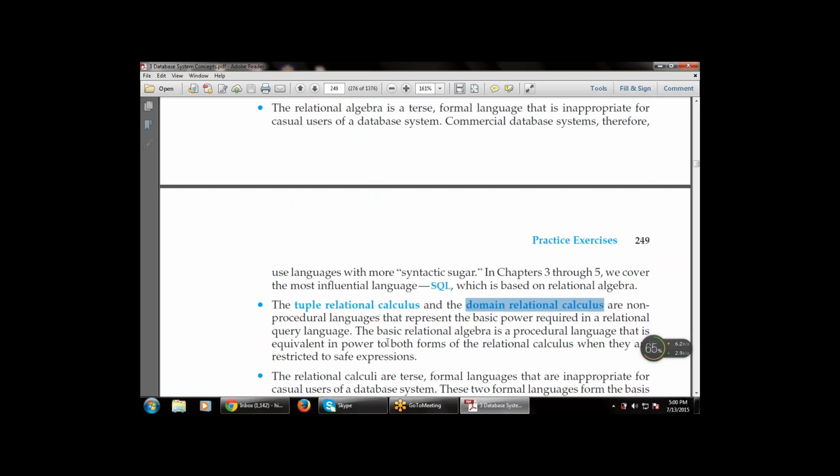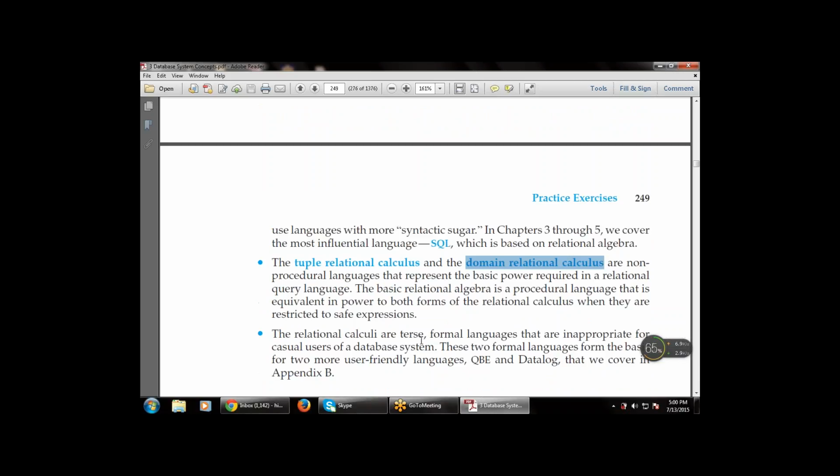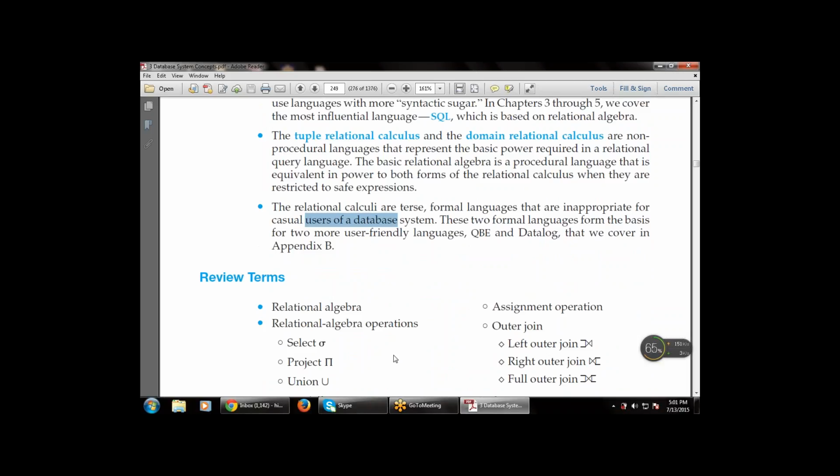So one is a procedural language, and two are non-procedural languages. The relational algebra is equivalent in power to both forms of the relational calculus when they are restricted to safe expressions. The relational calculi are terse formal languages that are inappropriate for the casual user of the database system.